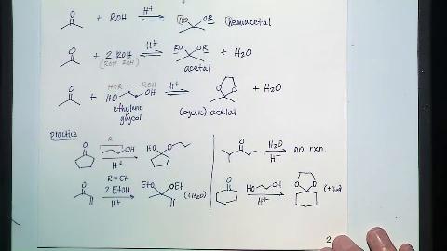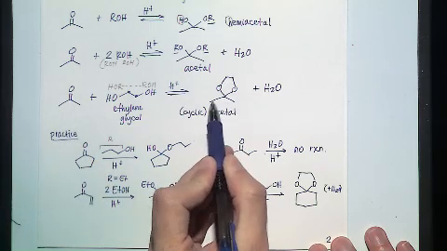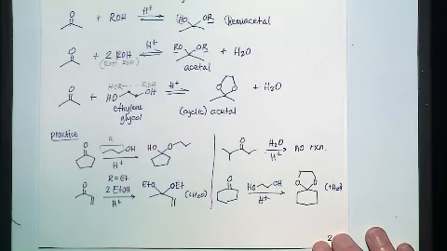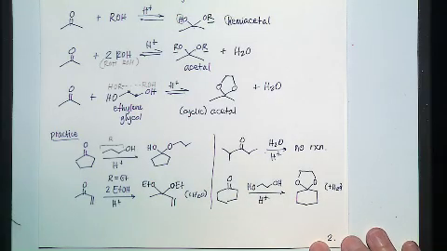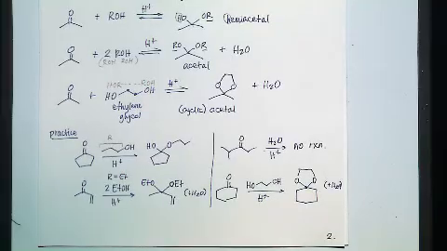So that means in the products of this reaction, this carbon here has got 2 methyl groups on it. And in this reaction, well, this carbon is 1 out of a 6-membered ring. And in the product, it's also 1 out of a 6-membered ring.